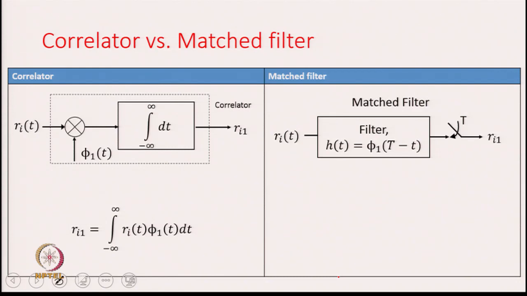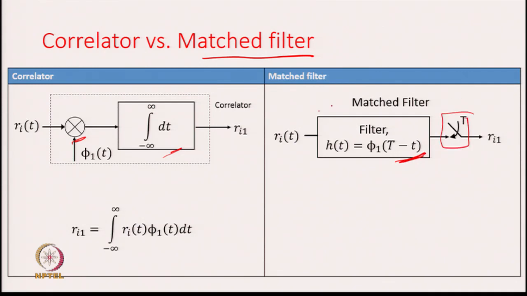Let us now try to look into what this matched filter is. A matched filter is the same thing as a correlator, however, from a practical point of view its implementation is different. A correlator has a multiplier and an integrator. On the other hand, a matched filter has a linear time invariant filter and a sampler.